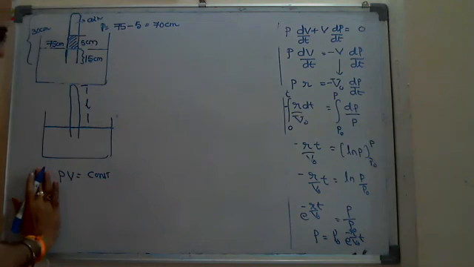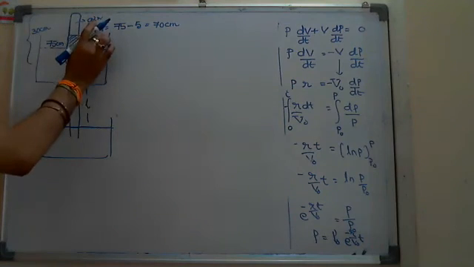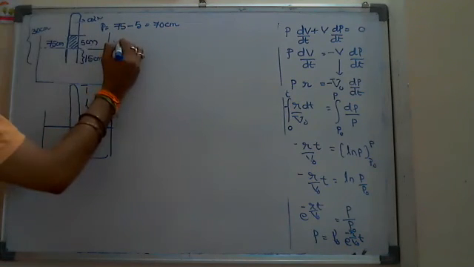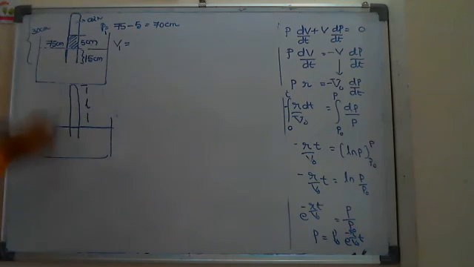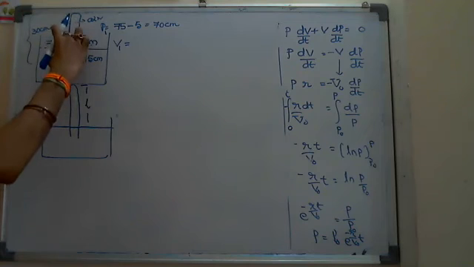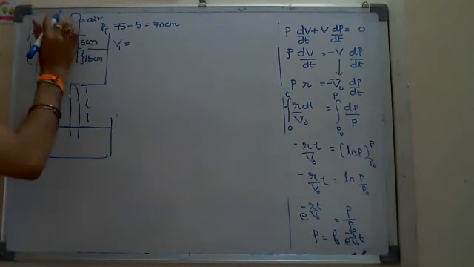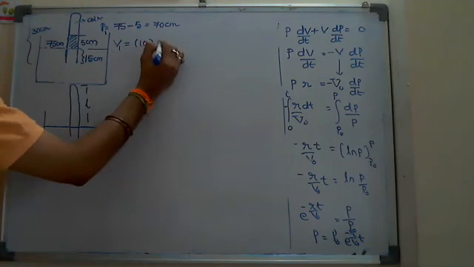So using Boyle's law, first time I found the pressure P1 and the volume of air trapped here. Volume is total 30, this is 15, this is 5, and total it is 20. So the remaining part, length of this part is 10 centimeters. 10 centimeters means volume will be 10 into area of cross section.